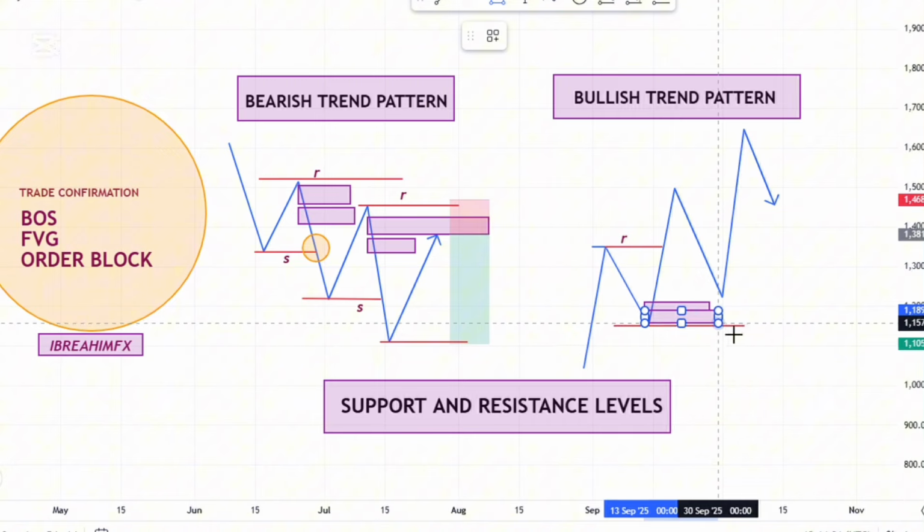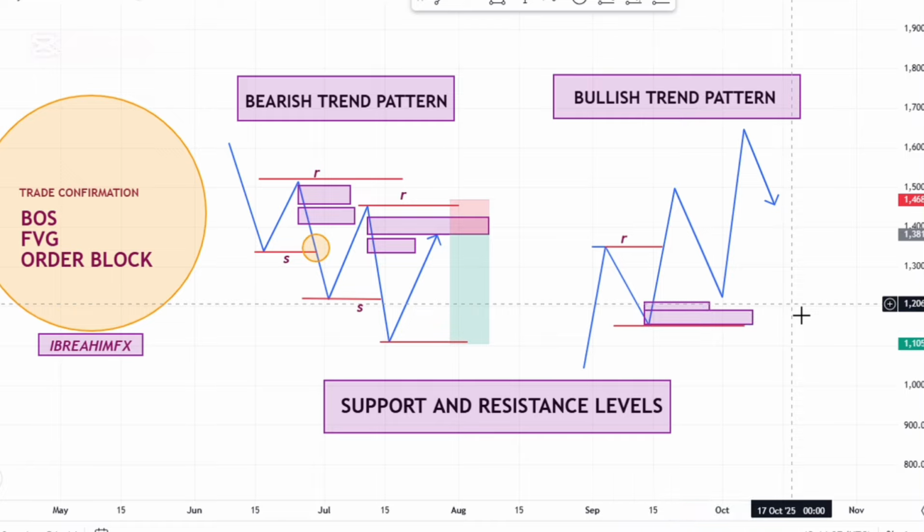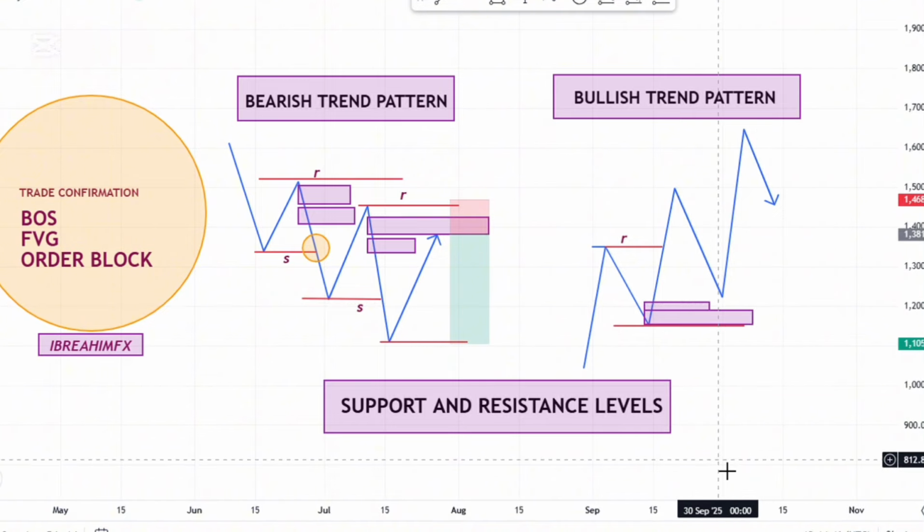No strategy is 100%, but with this strategy, you can apply higher time frame and lower time frame. I have a previous video where I explain about the higher time frame and the lower time frame, so go on my channel and check out the video.